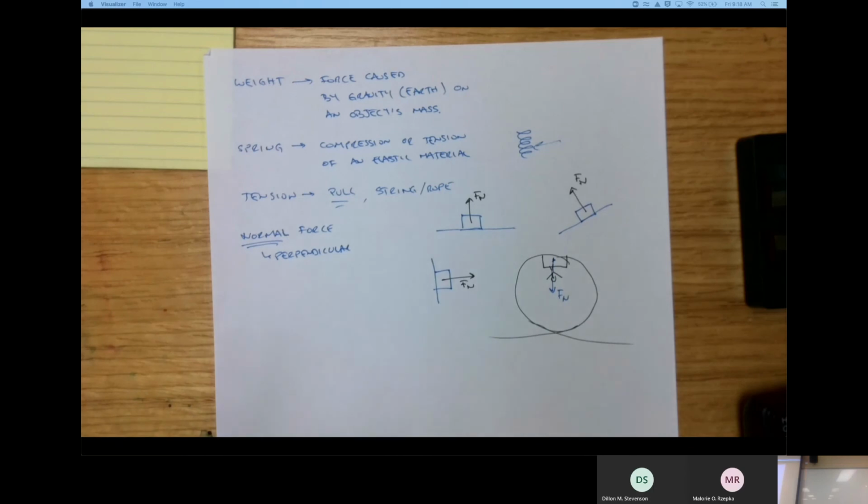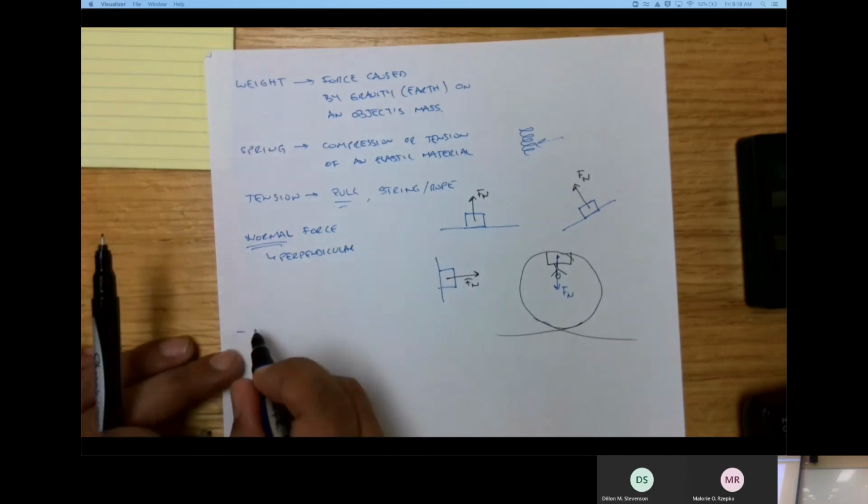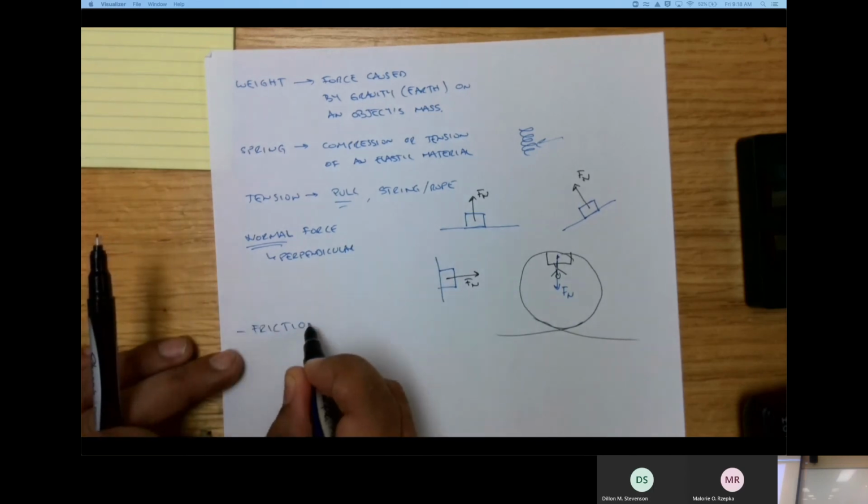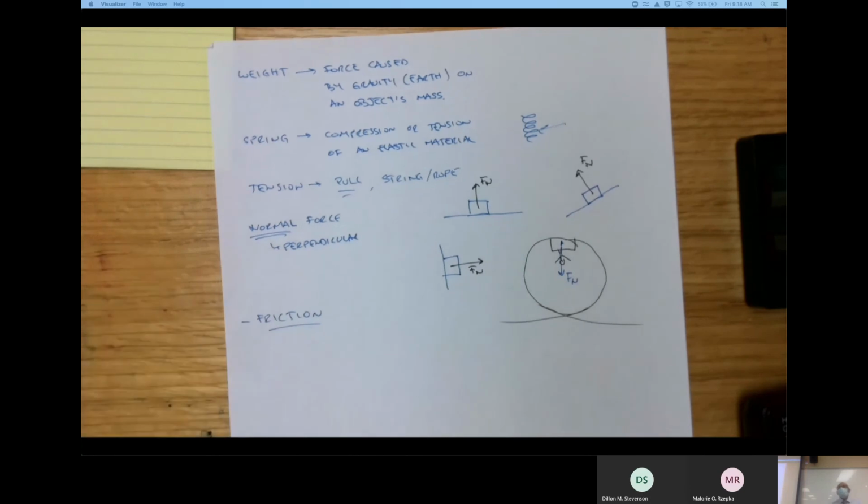Now, the one that we are more familiar with is friction. Samantha, what do you think friction is? Yeah, it's two surfaces where one is sliding with respect to the other, and that sliding is not smooth. The sliding is going to slow down one of the objects, and that's basically friction.